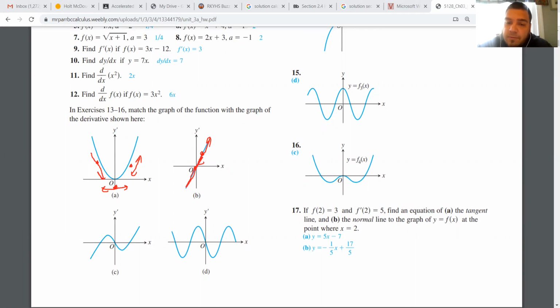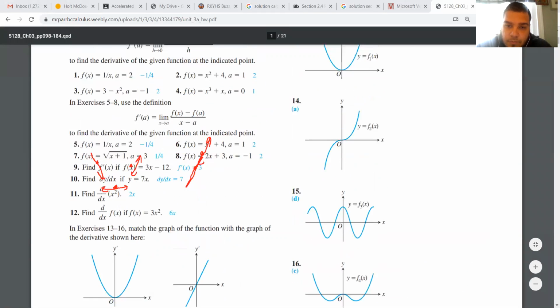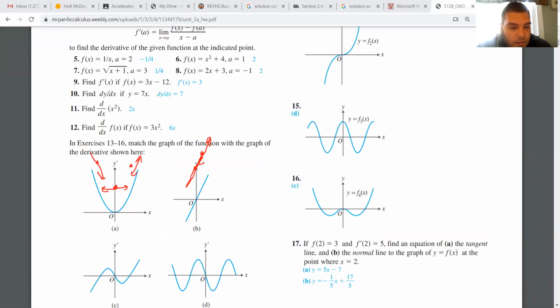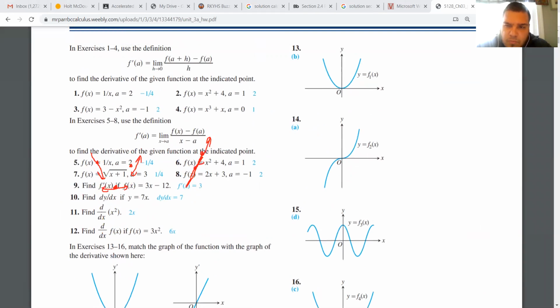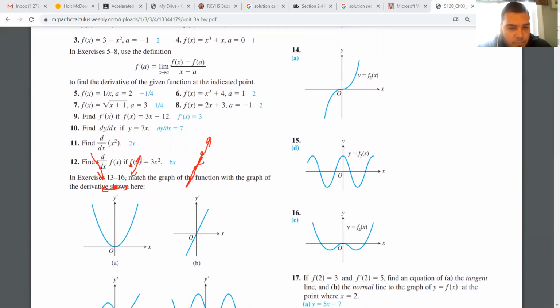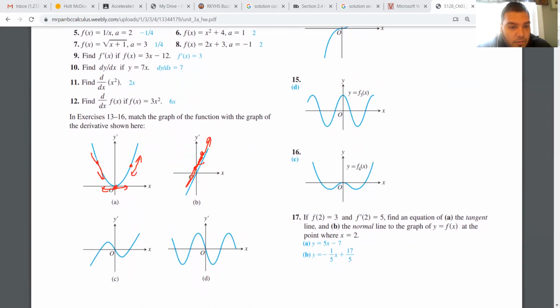So it's a consistent flat number. And wait a second. Oh, this is the y prime.